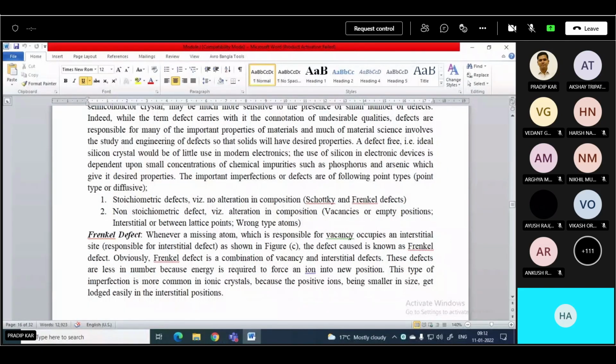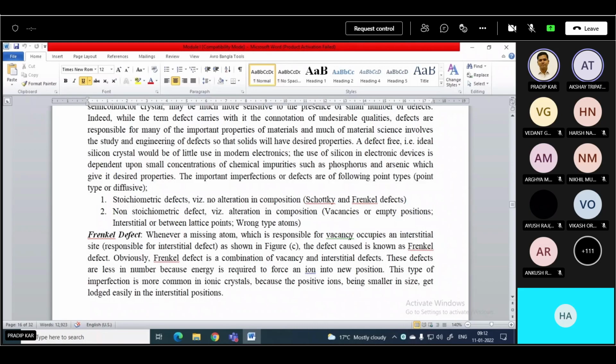However, you have to keep in mind that there are no extra charges on the crystal. The crystal must be ionically neutral. No extra negative or positive charge is present, although an excess ion is present. How this is possible in non-stoichiometric defects, we'll discuss.